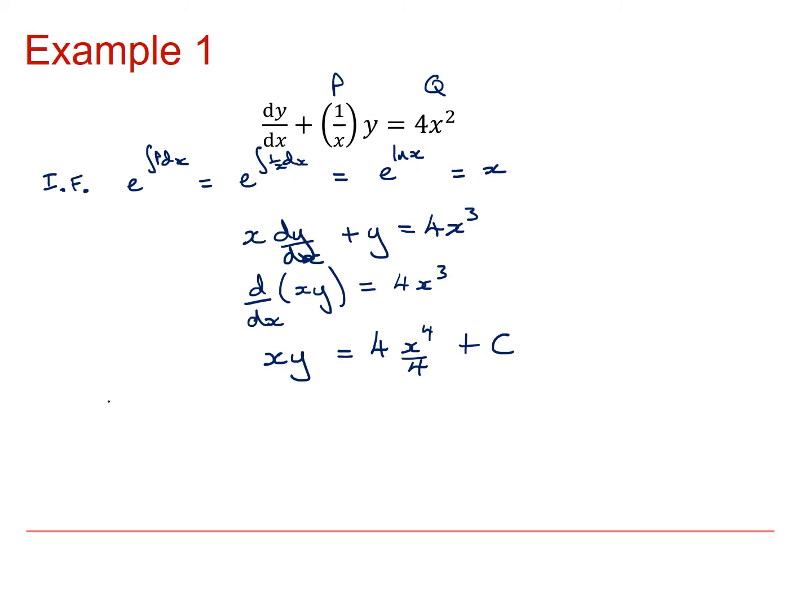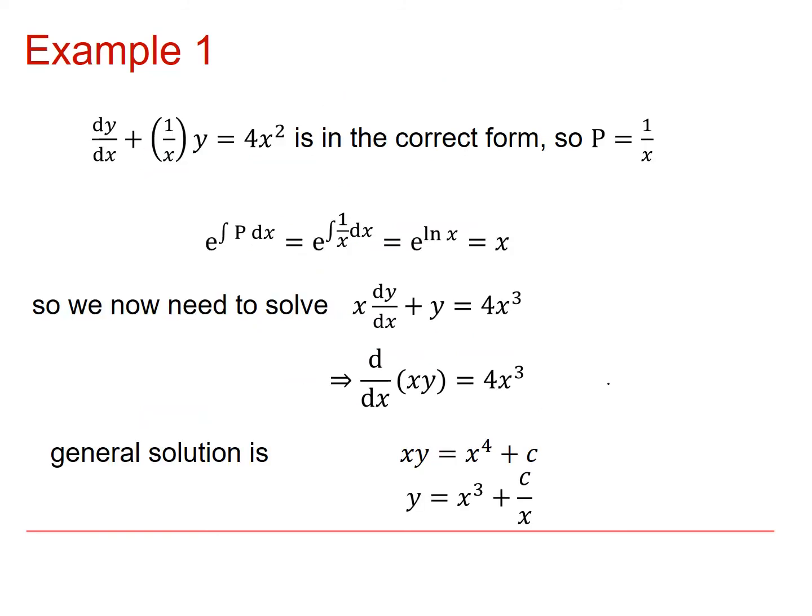Dividing through by x, my general solution is y equals x cubed plus c over x. Again, that's worked through neatly for you so you can see what's happening. There we come down to our perfect derivative, having used this integrating factor x, and there's my final solution at the bottom.